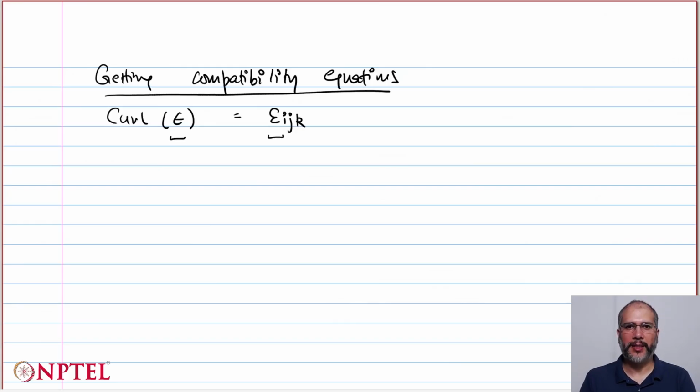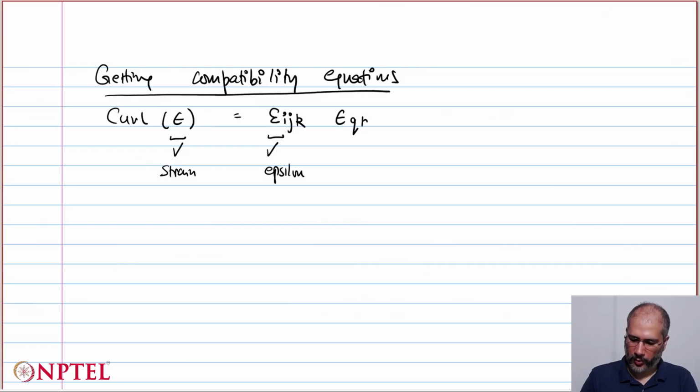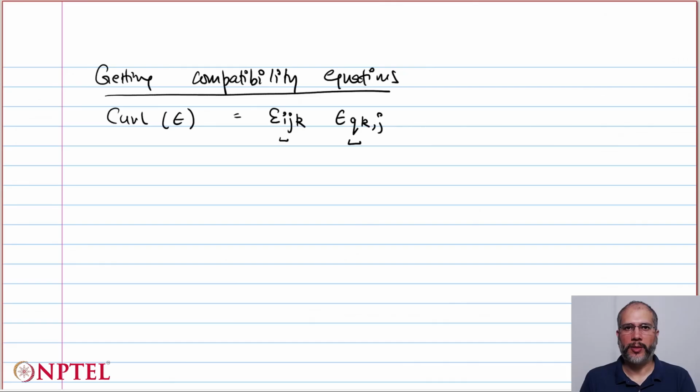So while writing, I'll be calling this an epsilon and this a strain. But when I write them, they look different. So the curl of strain is epsilon ijk, strain qk, comma j. So we can see that there are two free indices in this because the curl of a second order tensor is also a second order tensor.